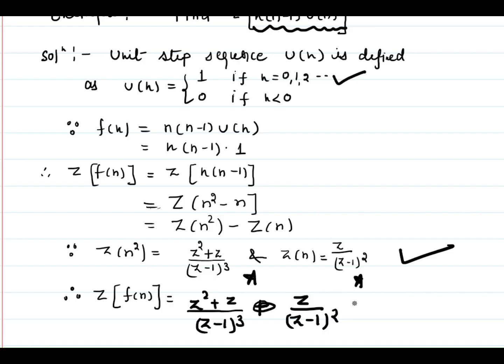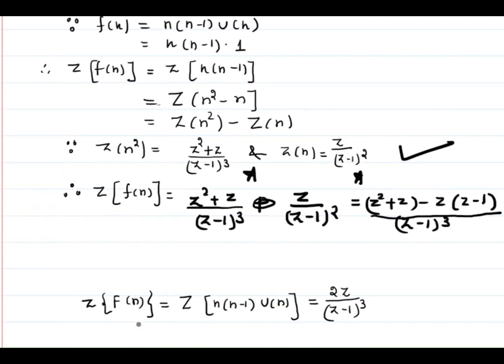Now solving this, we have to take the LCM. The LCM is z minus 1 the cube, because this is the higher power compared to the other two. So we can write z square plus z minus z of z minus 1, taking the LCM.